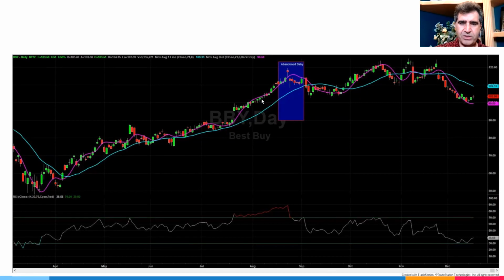Sometimes I use 21. The blue is just a simple regular moving average. The idea is that the purple usually moves faster because it's dynamic, weighted and exponential rather than just simple.